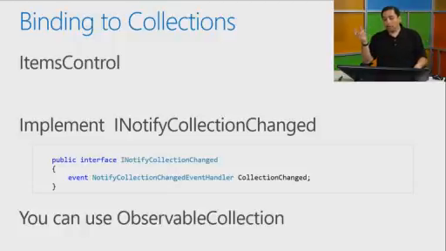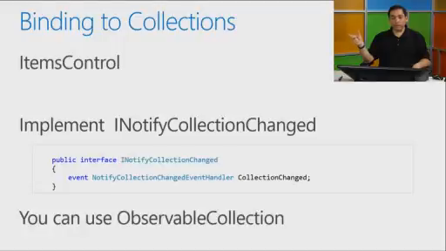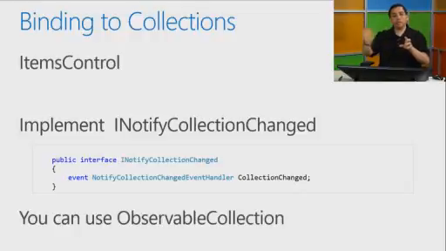A more common thing to do for anybody using XAML is that we have this object called ObservableCollection, and this class implements INotifyCollectionChanged already. So whenever you need a collection that you're going to data bind to, and you want to make sure that you're firing the changes for when items are inserted or deleted, you just use ObservableCollection. This is a generic type, right? So you just say ObservableCollection of type X.